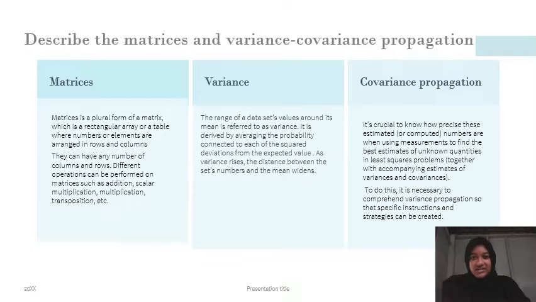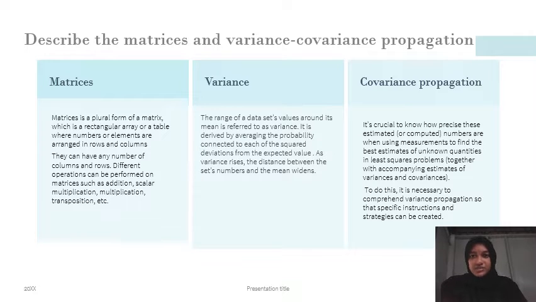The range of a data set's values around its mean is referred to as variance. It is derived by averaging the probability connected to each of the squared deviations from the expected value. As variance rises, the distance between the set's numbers and the mean widens. Okay, lastly, the meaning of covariance propagation.